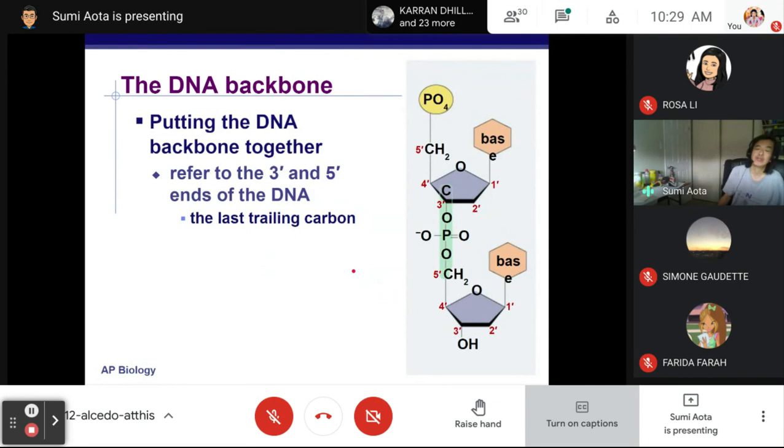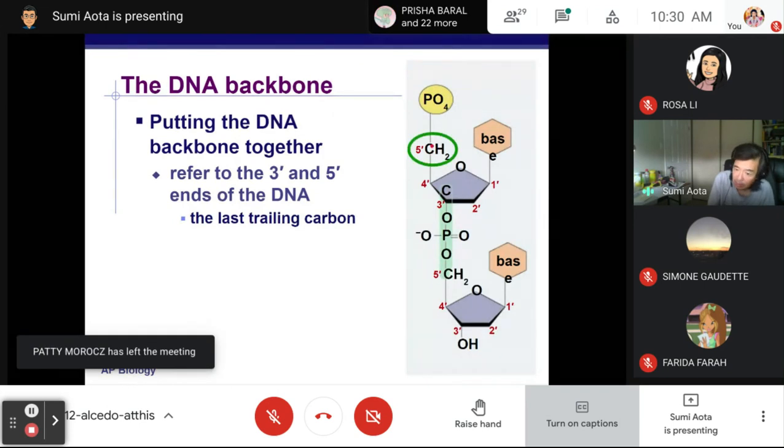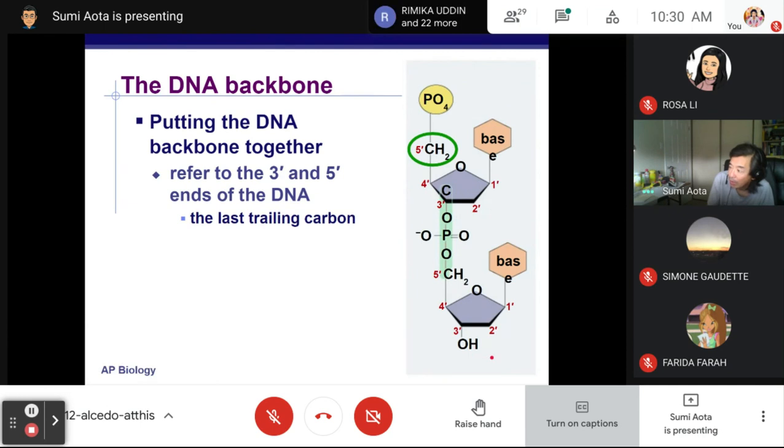When we stick nucleotides together, we always refer to the 3' and 5' ends of the DNA. The side that ends with a phosphate is the 5' end of the molecule. The side that has an OH group is the 3' end of the molecule. So this is the 3' end, this is the 5' end.